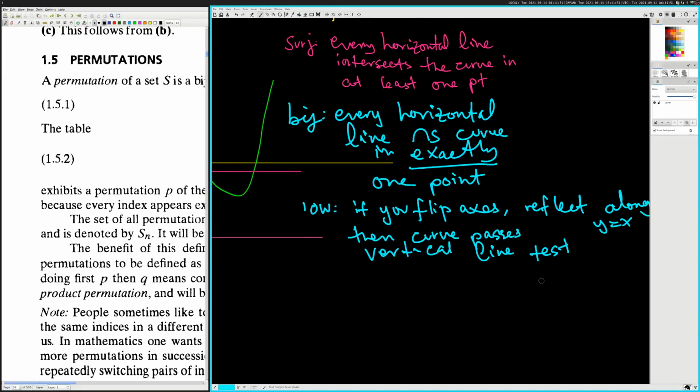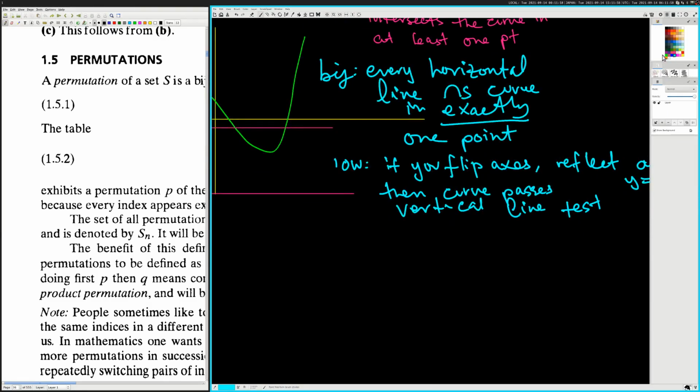If you flip the axes and you reflect along the line, then the curve passes. Or let me draw an example. The logarithm, that's an example.